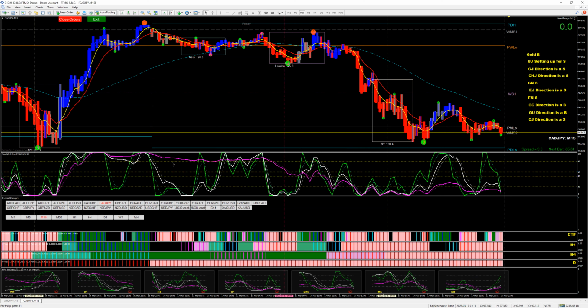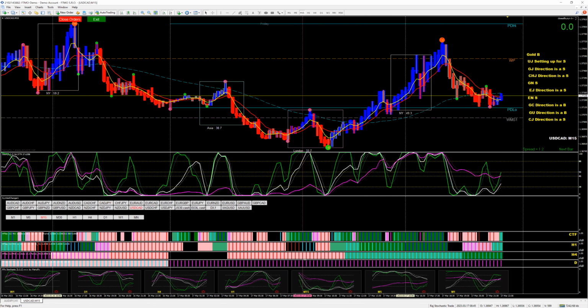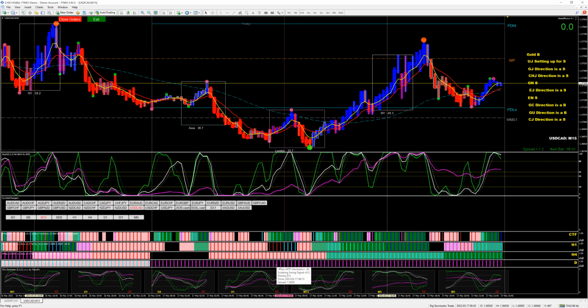Okay, next one, US CAD. US CAD is a sell trade, but nothing is set here. And in the moving average crossover it's not there, so let's skip that.